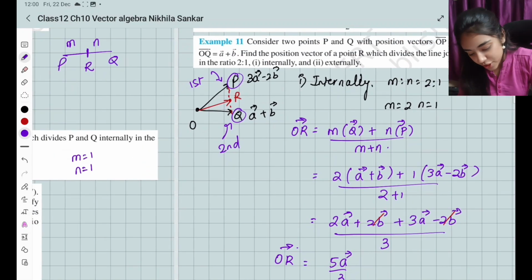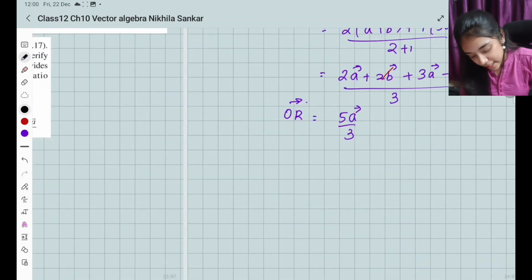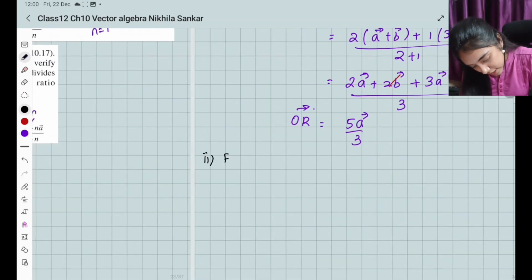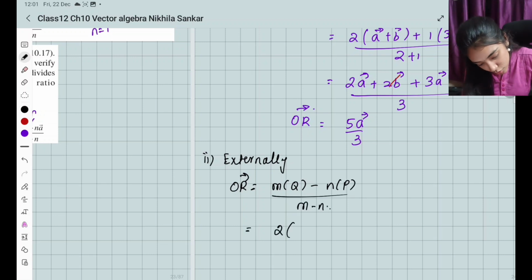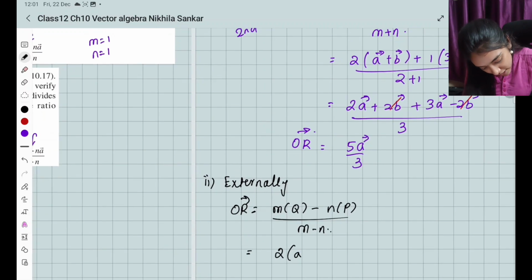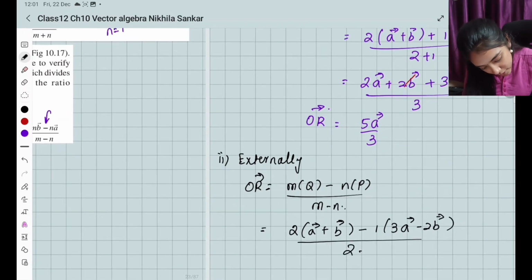Now, what is the second subsection? Externally. So externally, what should we take? I have externally, which means OR is going to be m times the second vector minus n times the first vector, divided by m minus n. When I substitute the values, 2 times the second vector, which is a plus b, minus 1 times 3a minus 2b, the whole divided by 2 minus 1.